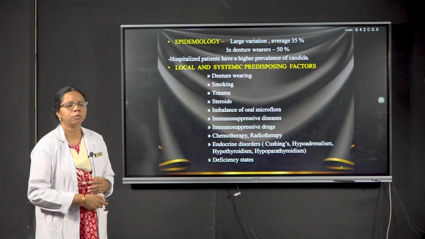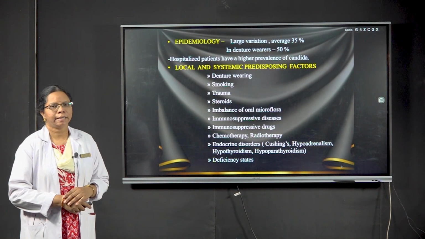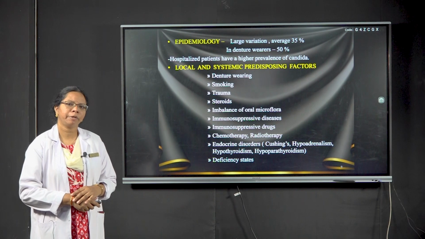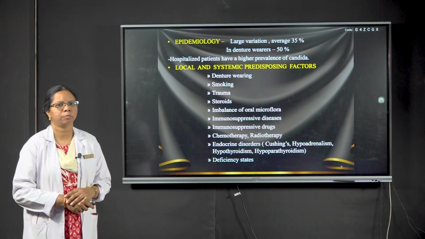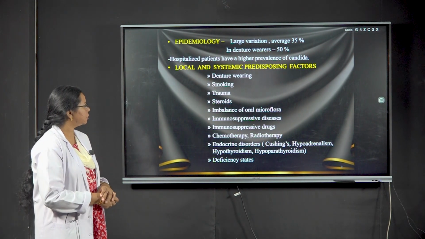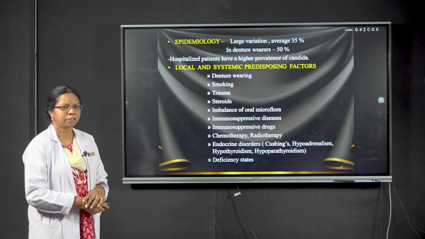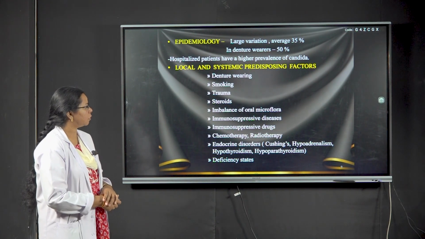As I said, there are so many predisposing factors for the development of candidiasis. They are divided into local predisposing factors and systemic predisposing factors. Local predisposing factors include dentures, smoking, trauma, steroids, especially inhalation steroids, and imbalance of the oral flora.